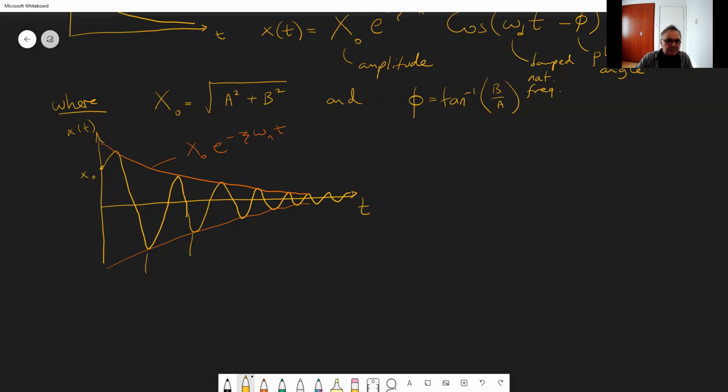Now, this is the period of the damped oscillations, TD. And this has to be the same. This is also TD, although I couldn't draw it like that.